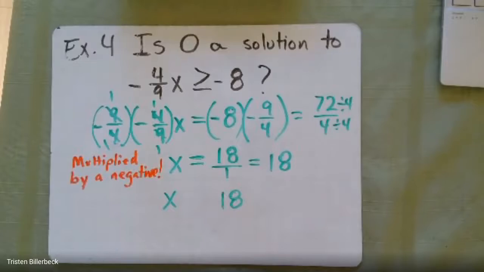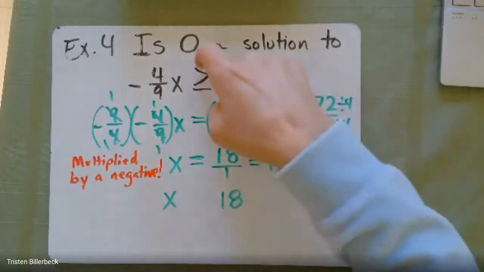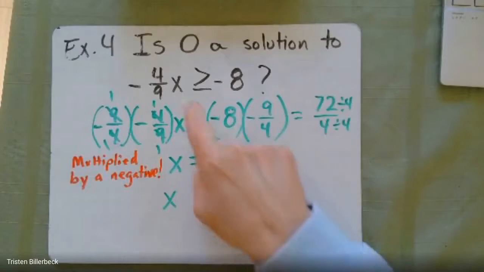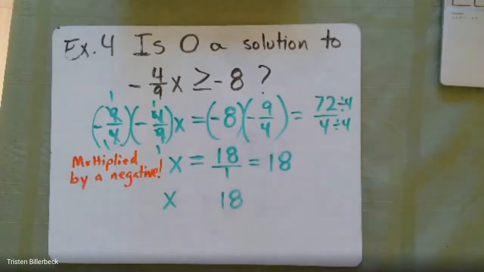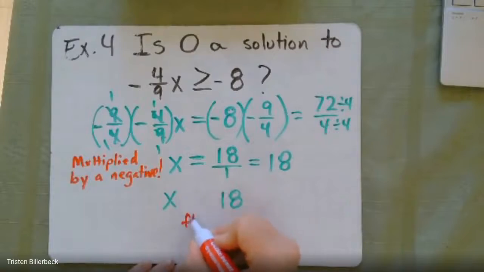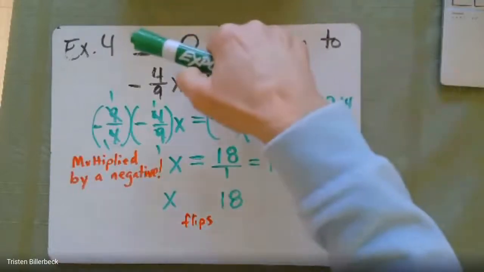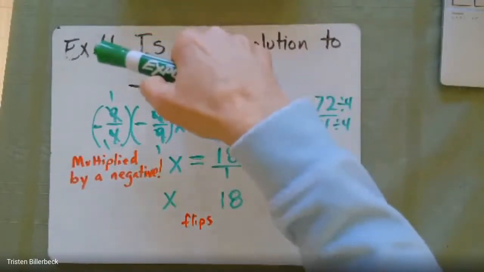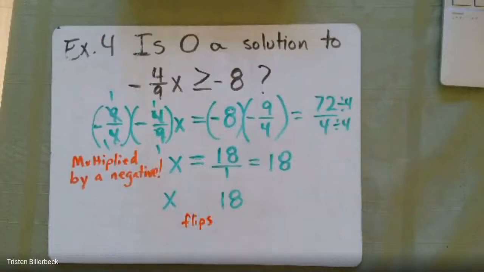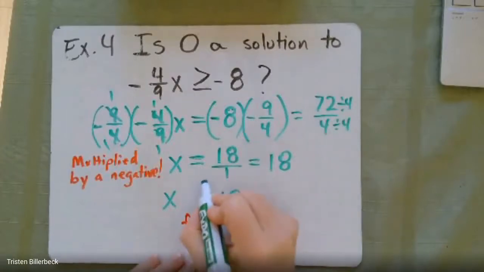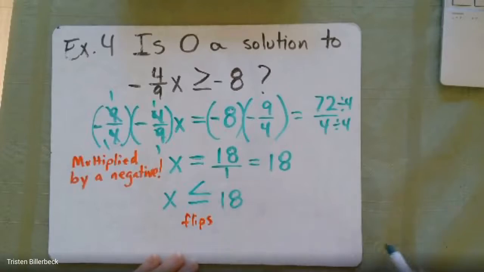What do we do? What happens to this sign? This sign here. That's right, it flips. We flip the sign. So instead of the point being on this side, the point's going to be over here to make it not a greater than or equal sign, but a less than or equal sign.